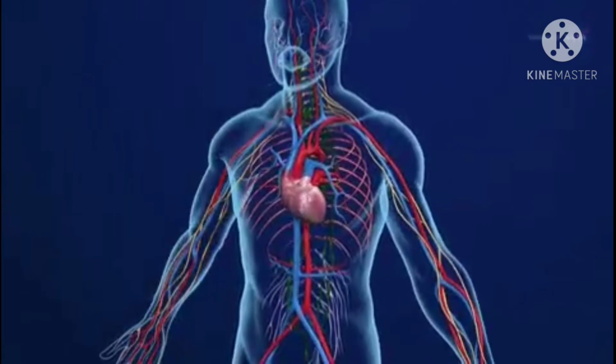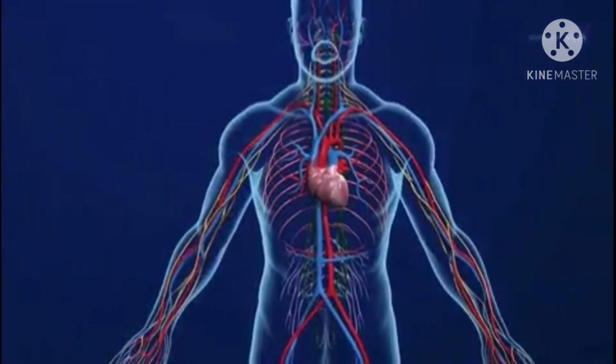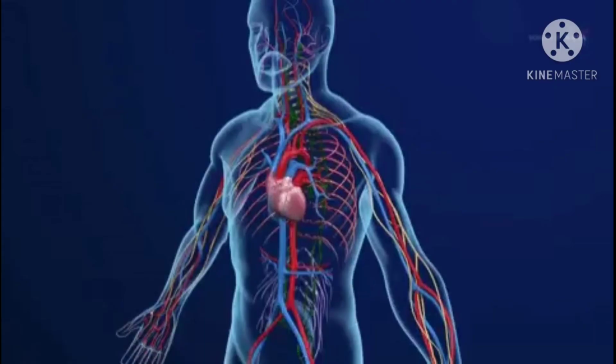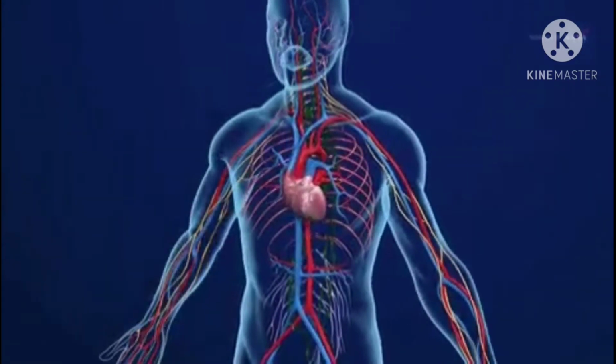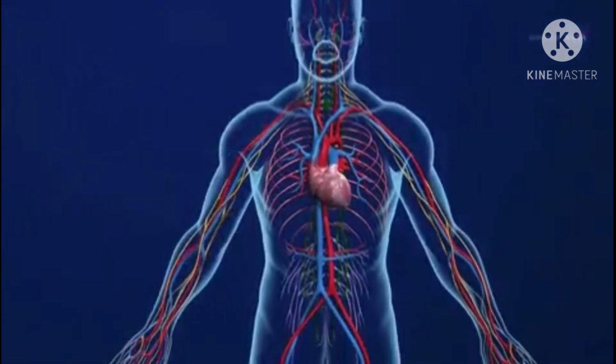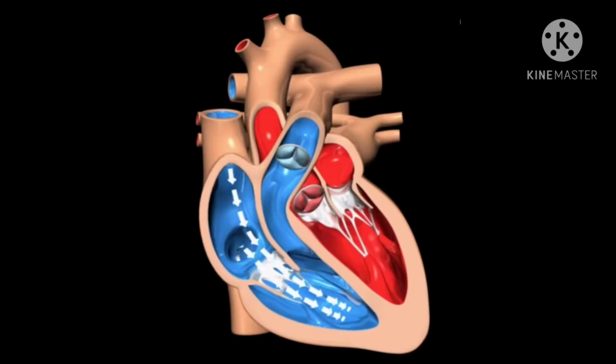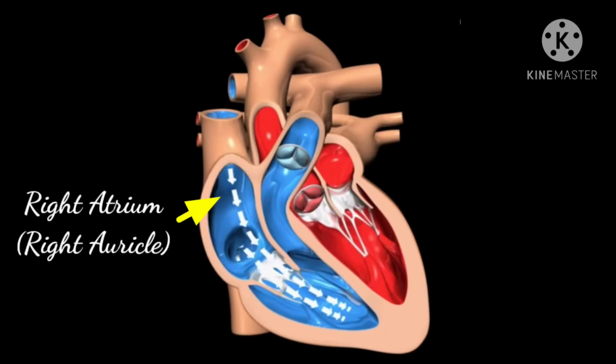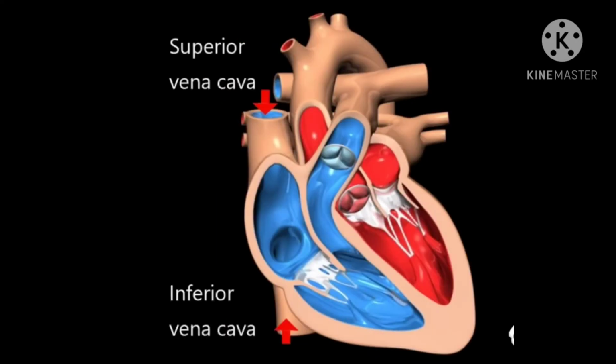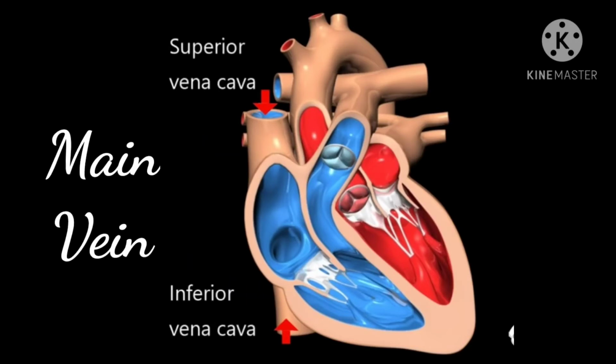The deoxygenated or carbon dioxide rich blood collected from all parts of the body enters the right chamber of the heart called the right atrium or auricle through superior and inferior vena cava, or we can say through the main vein.